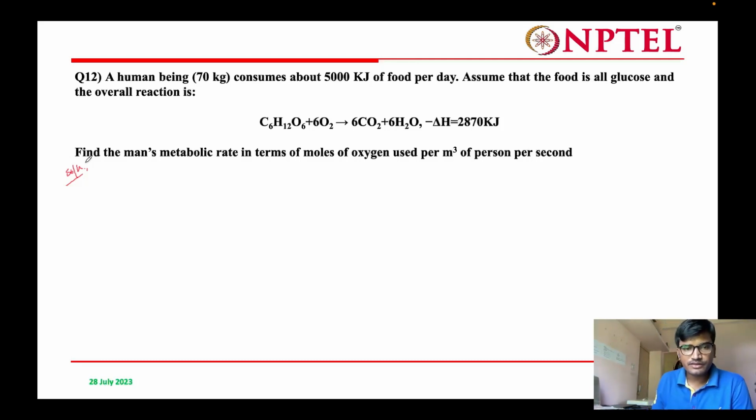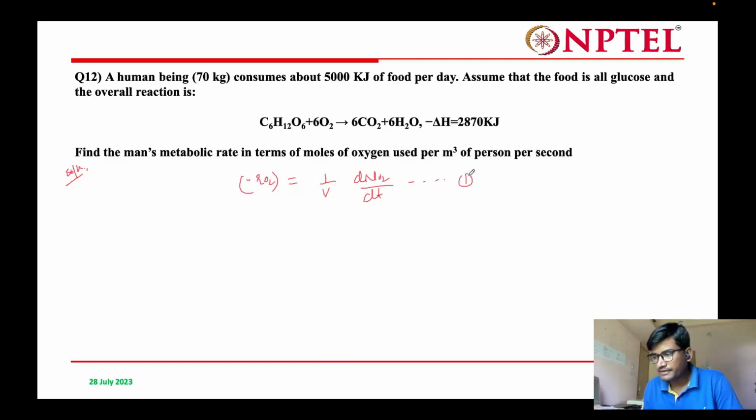Here we have to calculate the rate of oxygen, dn by V dt. First, to calculate the volume, we take the density of person, which is 1000.